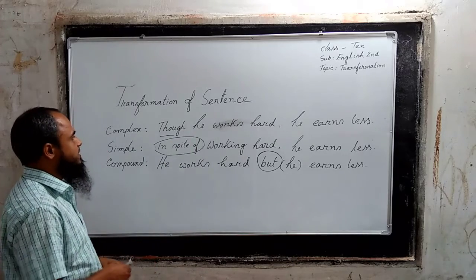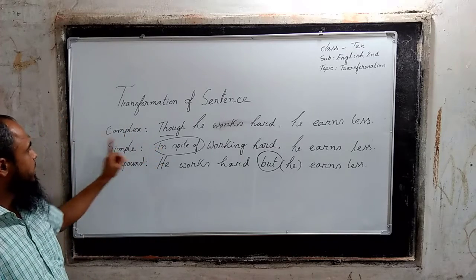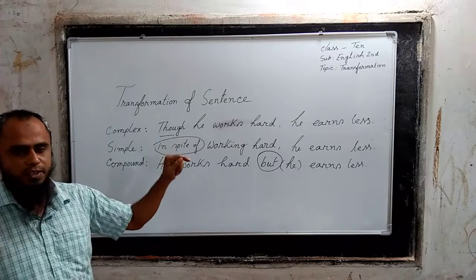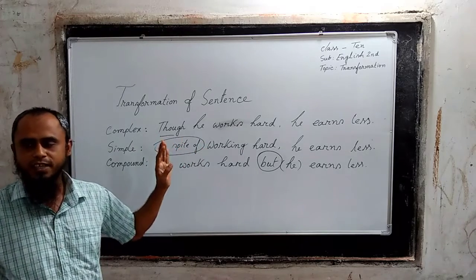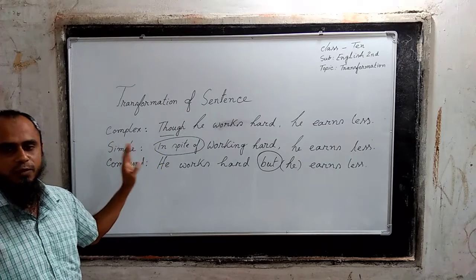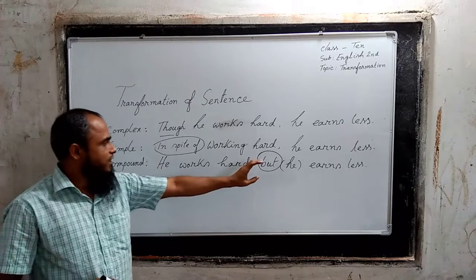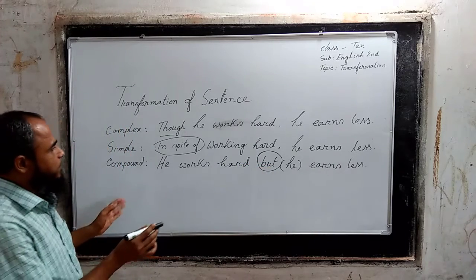So if you memorize these three things only, that means in complex, though, although; in simple, despite or in spite of. You can use here despite or in spite of. Both have the same meaning. There is no difference between these two words. And in compound sentence, you will use only but. Then your sentence will be okay.